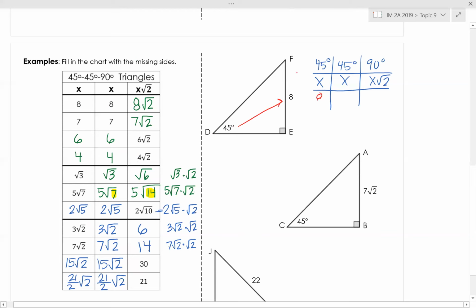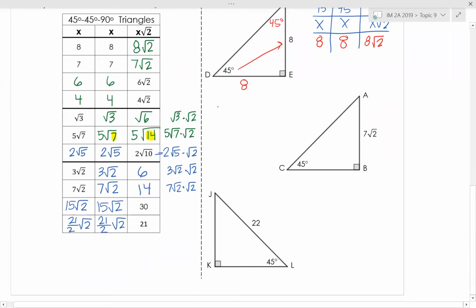So I'm going to say that that's that guy. Then this is another 45 degree angle, so that means that that is also 8. And so across from 90, if x is 8, this is going to be x times the square root of 2.